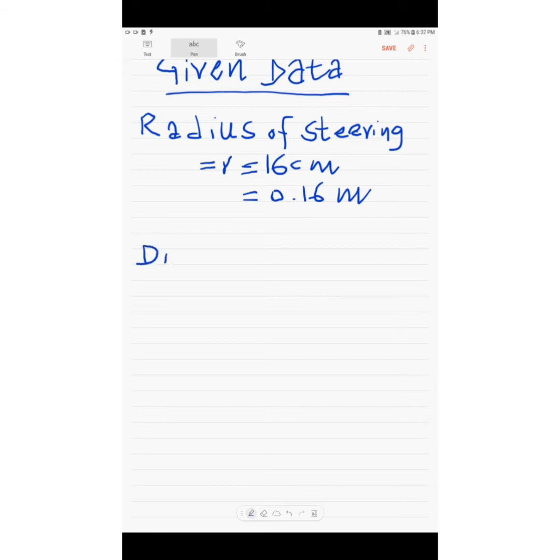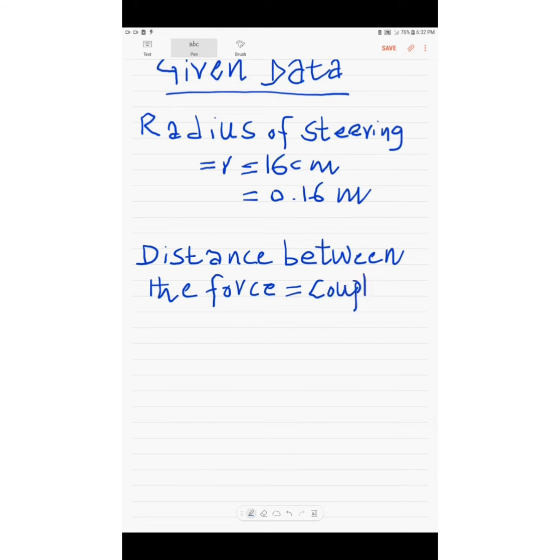So distance between the forces, or couple arm, is equal to L, and L is equal to 2 times R. So 2 into 0.16 is equal to 0.32 meter.